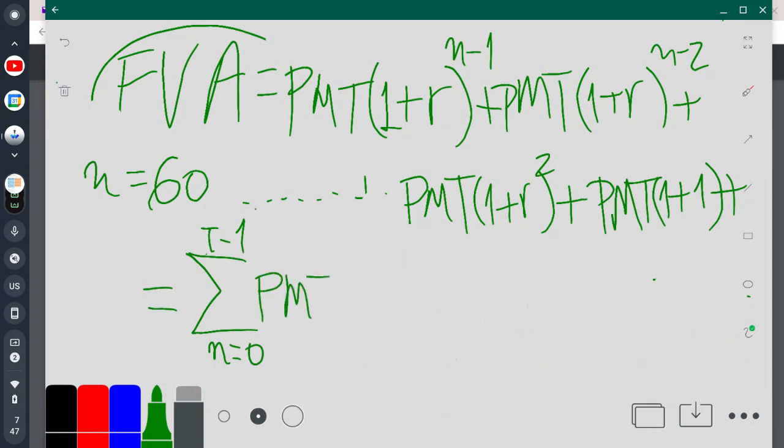payment times 1 plus r raised to n. Okay, uppercase T is always the terminal time, or the maturity. So now think about it.